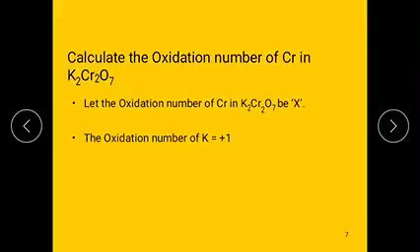The oxidation number of potassium is +1. Then the general oxidation state of oxygen is -2.